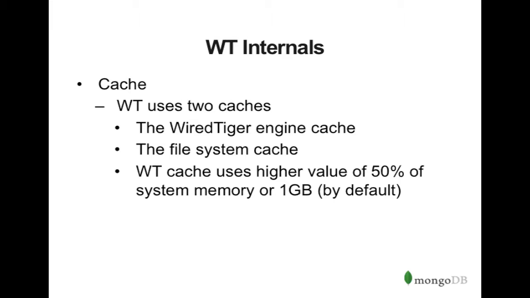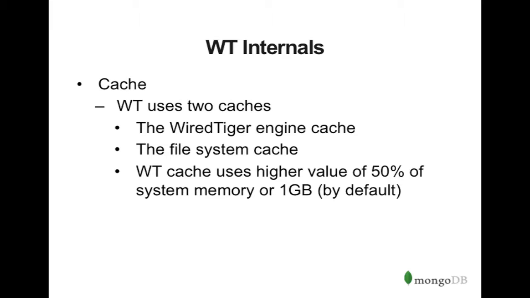So ideally, you want to tune this appropriately such that your WiredTiger engine cache can hold your working set, or at least a majority of your working set, such that you rarely have to go down to your file system cache and do the mapping from the file format to the in-memory format. And from that space, you would like to avoid the file system cache needing to page to disk, because that will involve doing I/O, which can be very costly. So it's an interesting change from how memory was managed in MMAPv1.